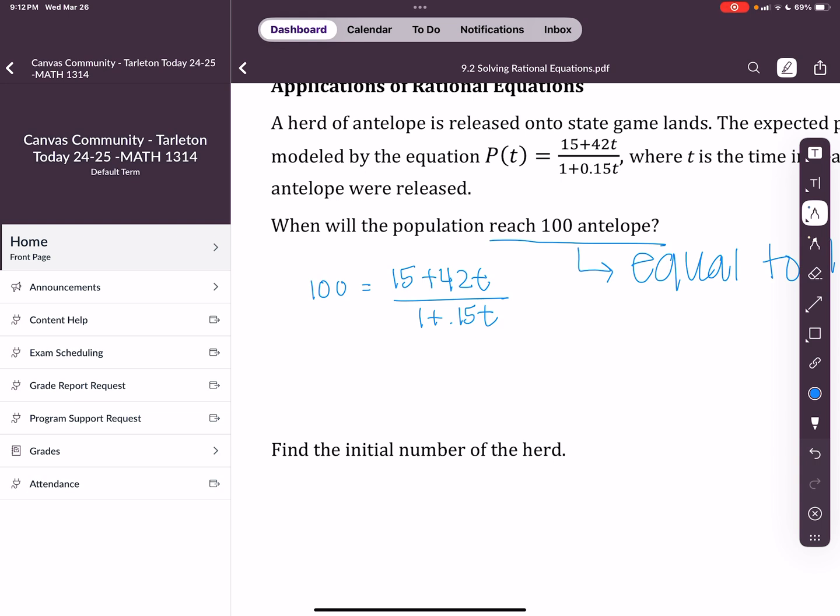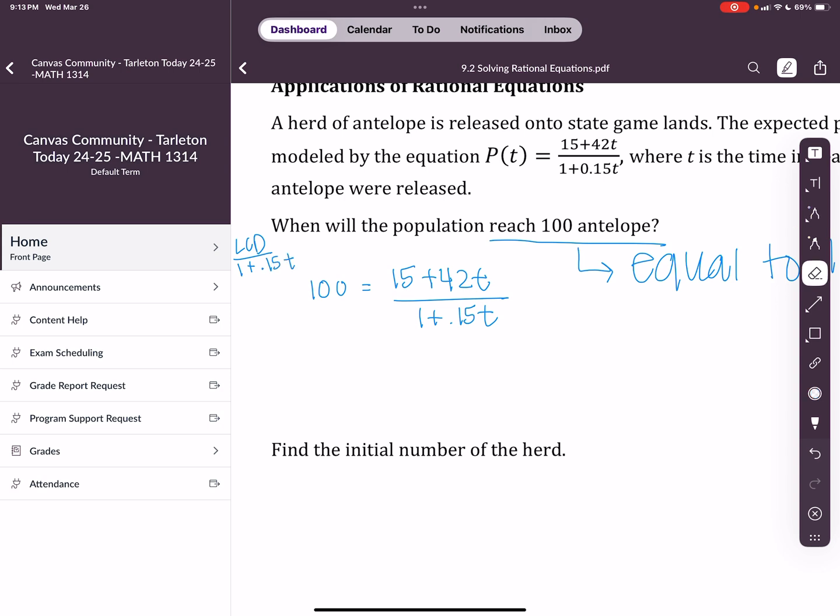Now, just as we've been doing on the previous two pages, we do have to have a least common denominator. So the least common denominator is going to be that denominator they had there, the 1 plus 0.15t.